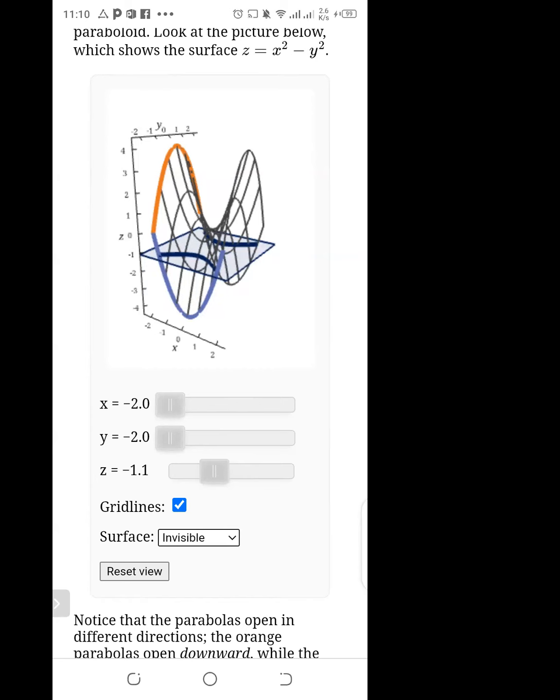At -1, an ellipse. At Z is equal to 0, we just get 2 lines which are crossing each other, which is what we expect there. Then going up, we still get an ellipse, only that the orientation has changed. So when Z is greater than 0, the orientation of the ellipse.